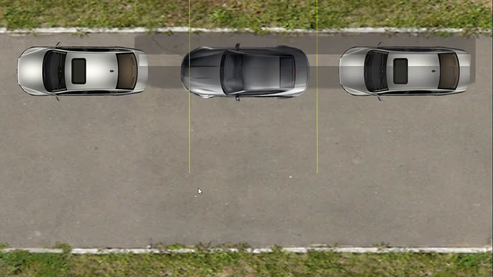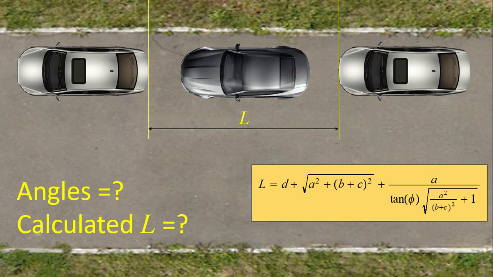Well, what are the main parameters? One of them is the length of the space. Is the space enough for the parking? That distance is given by this formula, and the parameters I will show you in the next moments.